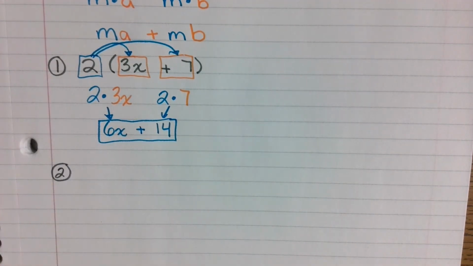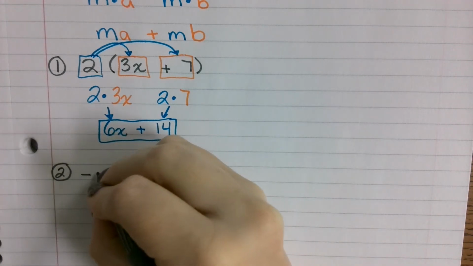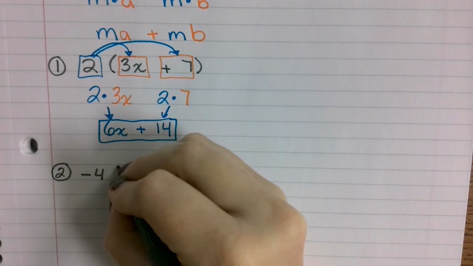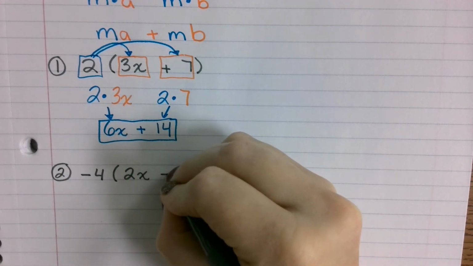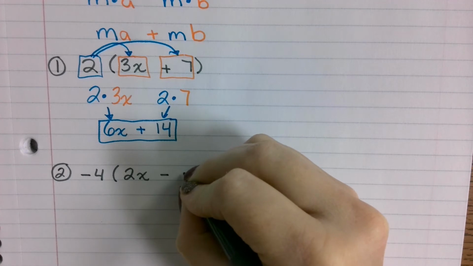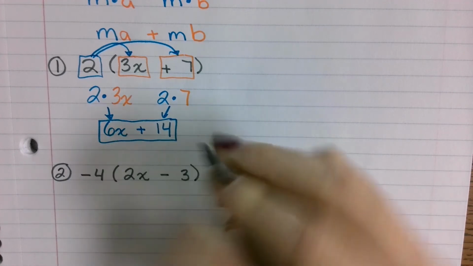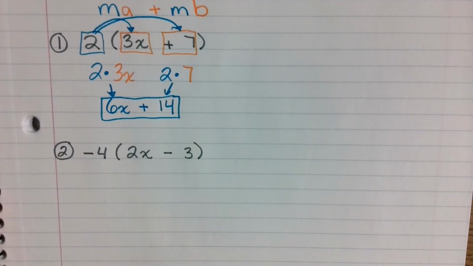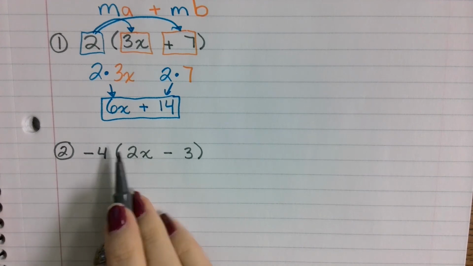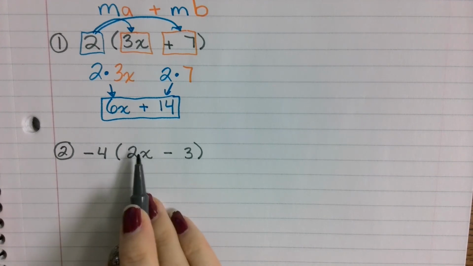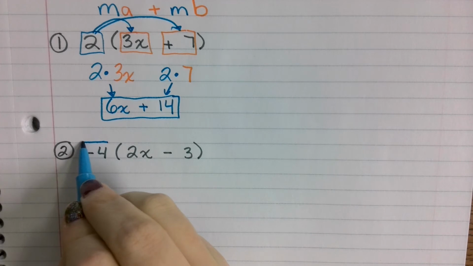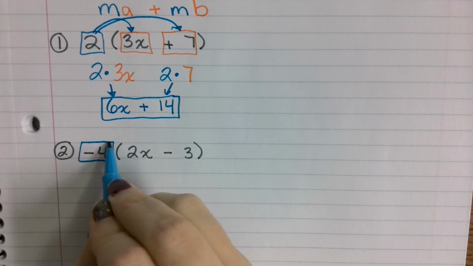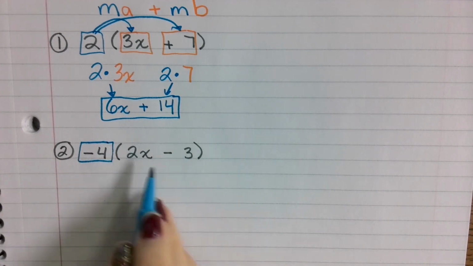Let's try another one. We have negative 4 times the quantity of 2x minus 3. So again, we're going to be distributing a negative 4 to each individual term.